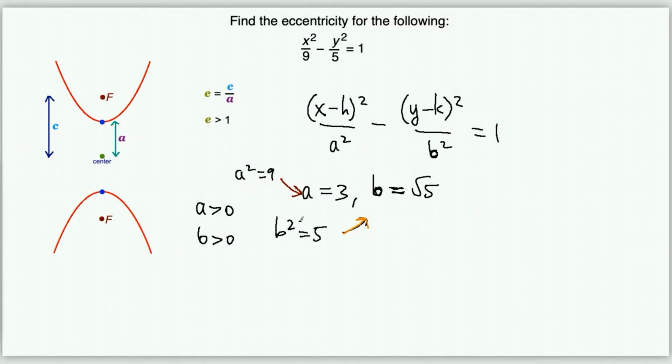We're just taking the plus when we're taking the square roots for a squared and b squared. So a is equal to 3 and b is equal to radical 5, and we know c can be found by using the Pythagorean theorem, which is great. It's like a squared plus b squared.